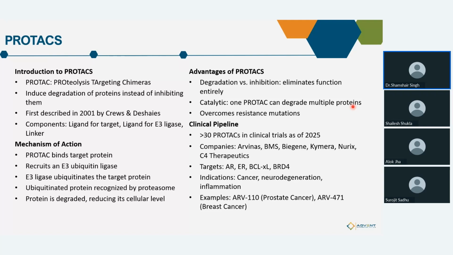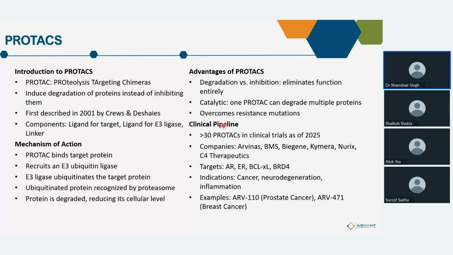As I was explaining, the ubiquitinated target protein goes to the proteasome, and the PROTAC is available again, binds to a new POI, recruits new E3 ligases, and the process continues. And we can also overcome resistance from mutations.